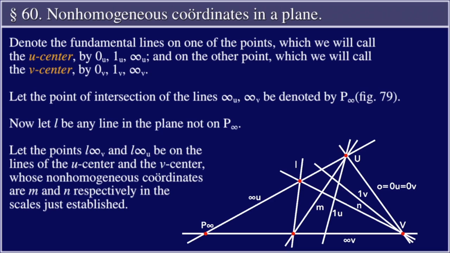Now let L be any line in the plane not on P infinity, and let the points L infinity v and L infinity u be on the lines of the U center and the V center, whose non-homogeneous coordinates are m and n respectively in the scales just established.